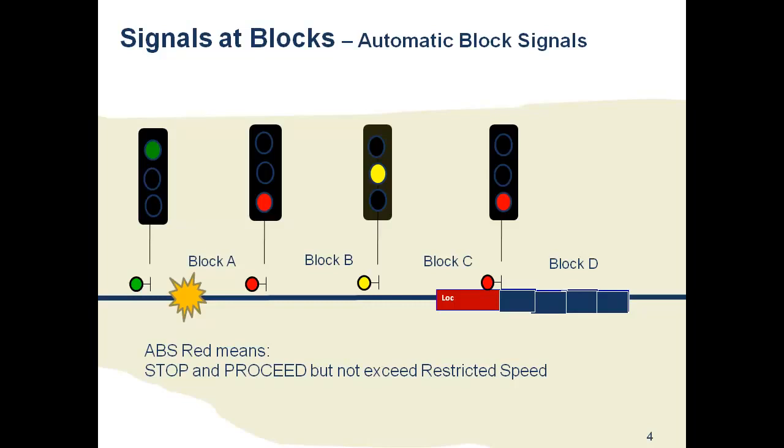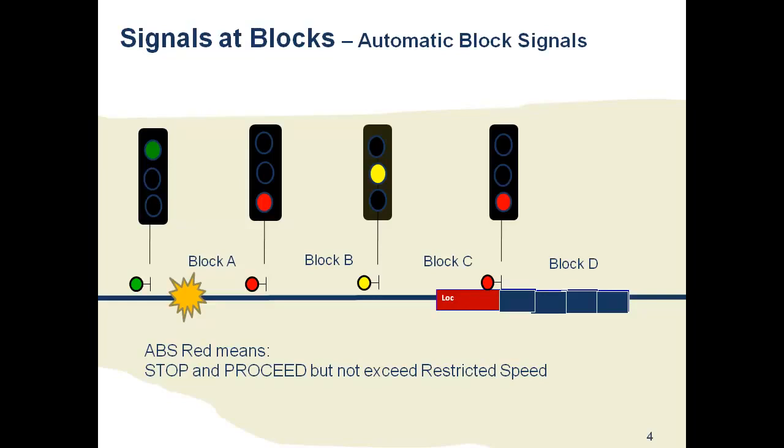In automatic block signals, a red signal typically means stop, and you are then authorized to proceed but not exceeding restricted speed, which is defined as 20 miles an hour and being prepared to stop within half your range of vision. Depending on whether one is in the route signaling or speed signaling world, there are some variations in signal aspects and their meanings.